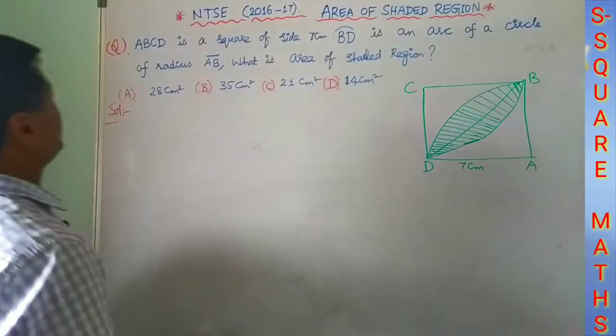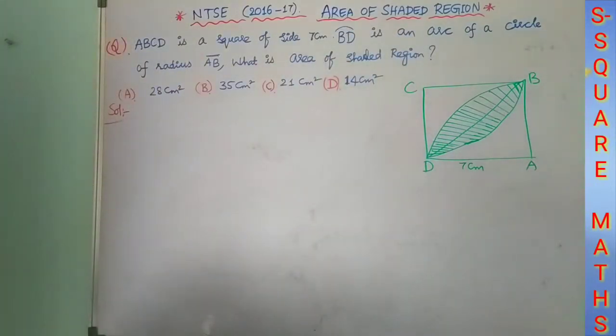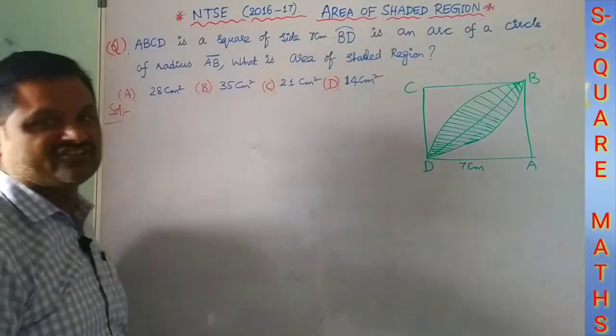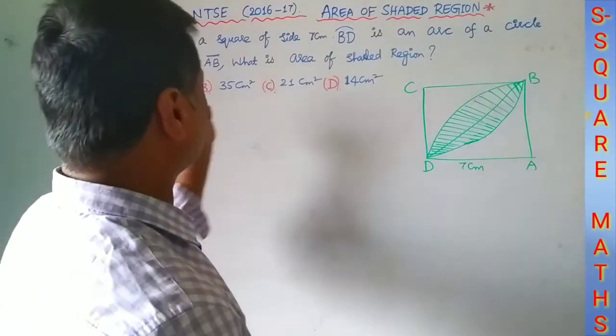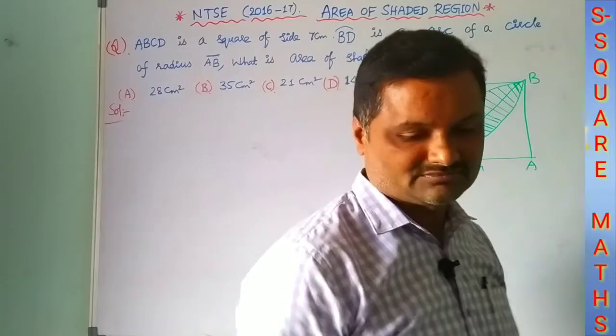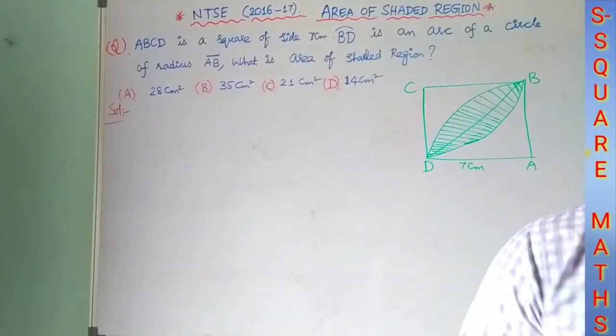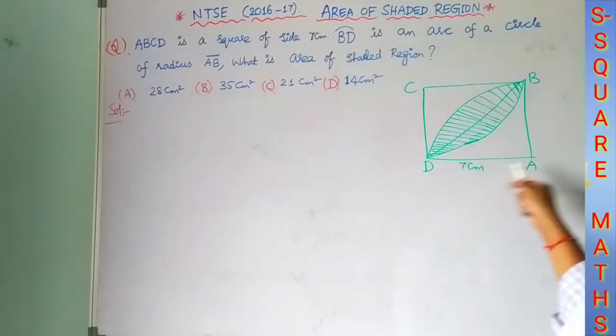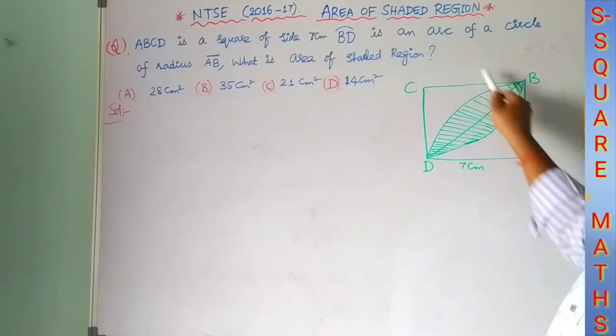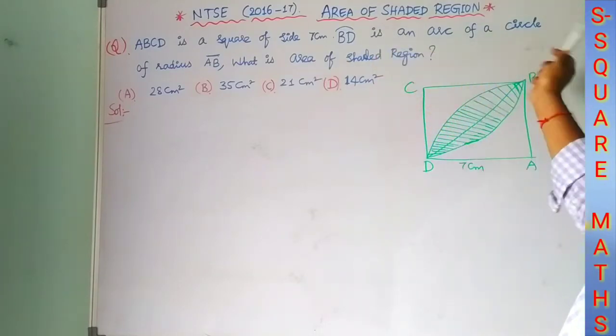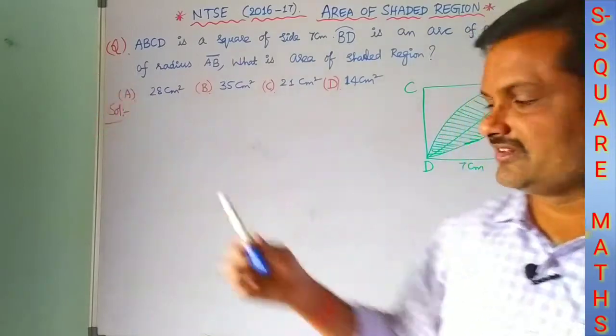So, ABCD is a square of side 7 centimeters and BD is an arc of a circle of radius AB. What is the area of the shaded region? So here a figure has been given. It's a square of side 7 centimeters, and BD is an arc of a circle of radius 7 centimeters.